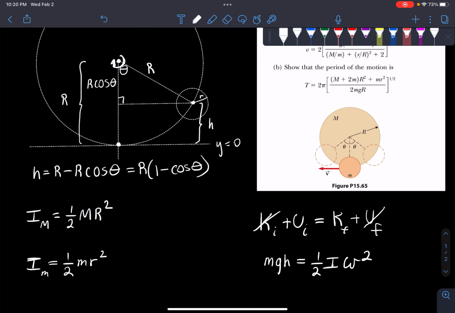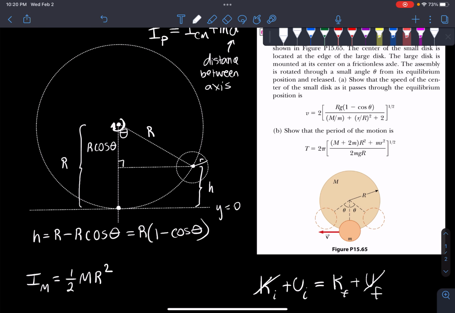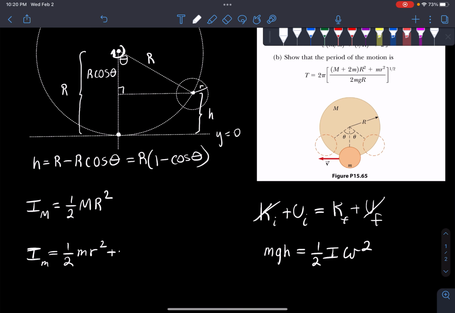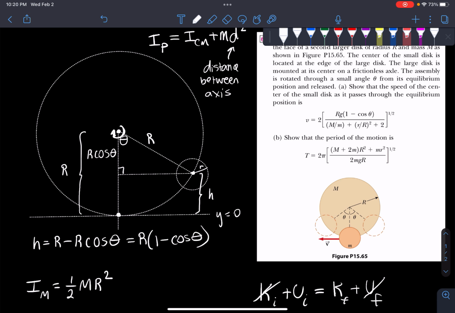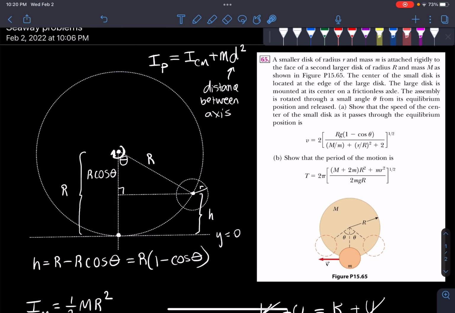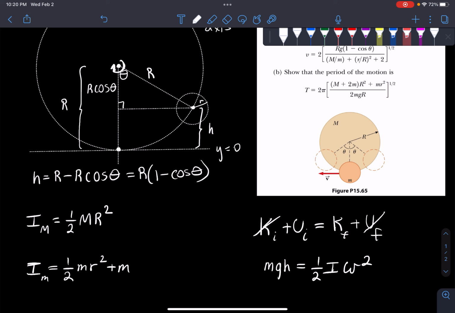But then we have to add to it the total mass of that thing, which is just little m again, times the distance between axes. So that would be the distance between this point and this point, because this is the axis that it's actually rotating about, and this is the axis of its center of mass if it was rotating about its center of mass. And from this picture, we can see that that distance is just the radius of the bigger disk. So this would just be capital R squared, like that.